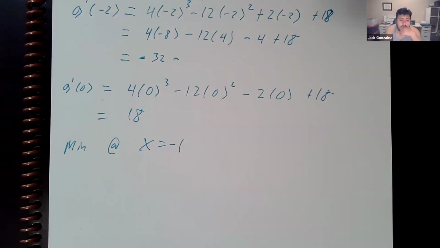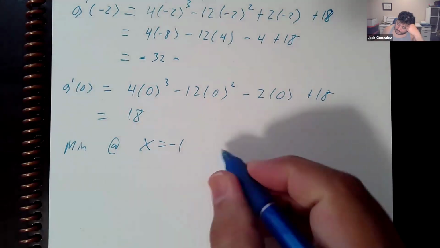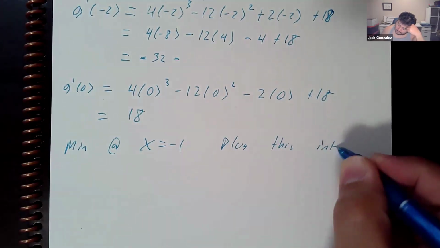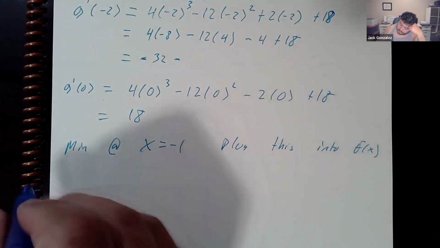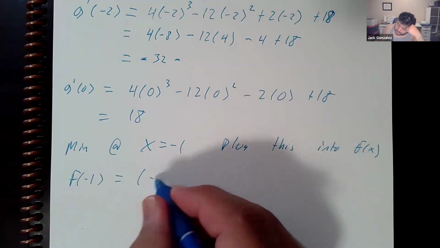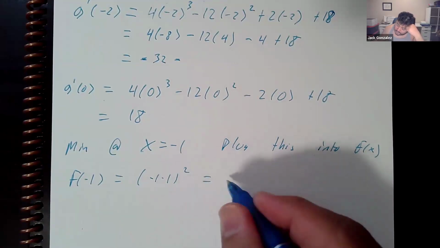And x equals -1. Now we have the x value. So plug that into the original. f of -1 would be -1 minus 1 squared, which is 4, right?